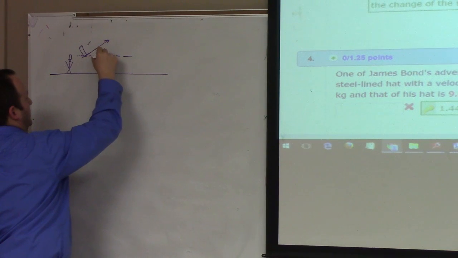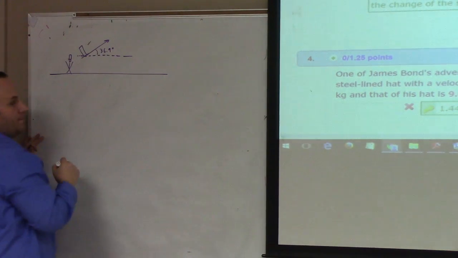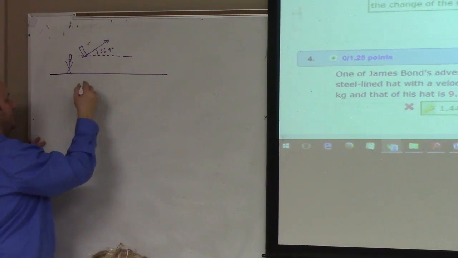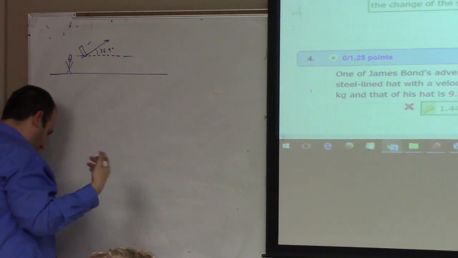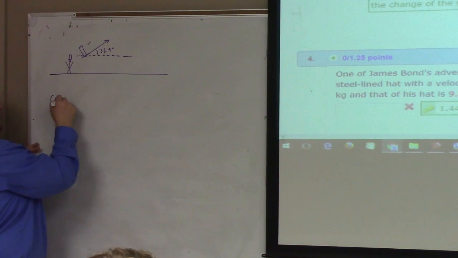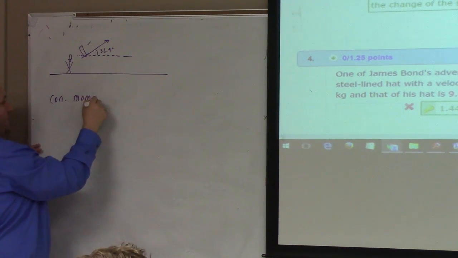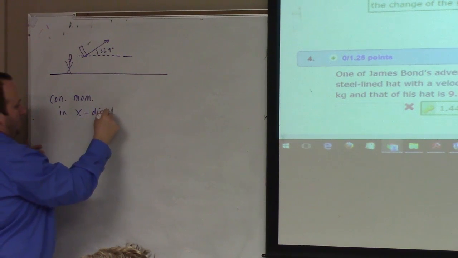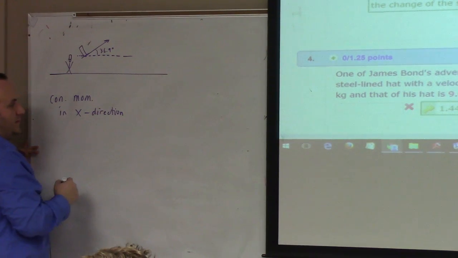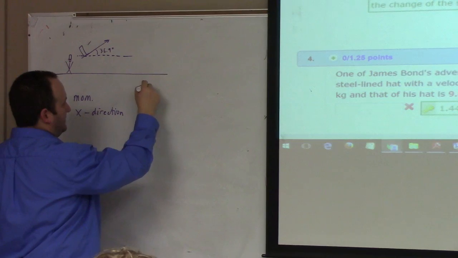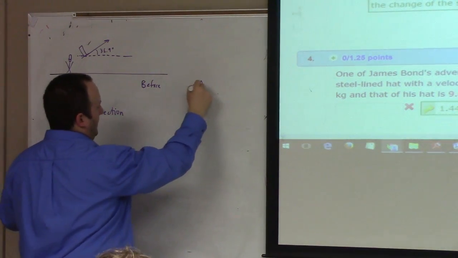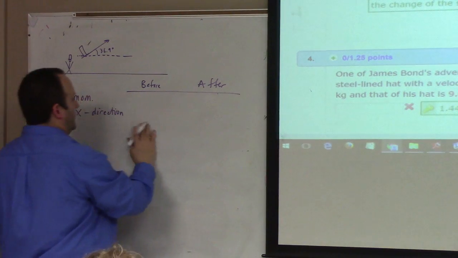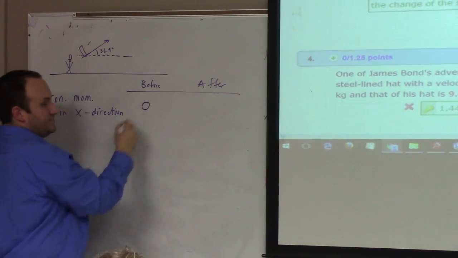So this was 36.9, right? So the question is, what's the recoil velocity? Conserve momentum in the x direction, all right? So before and after. Before, 0.